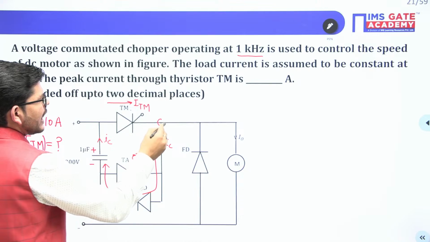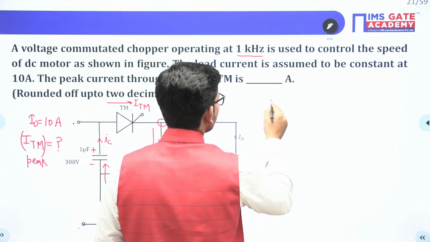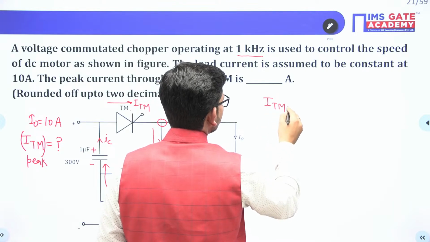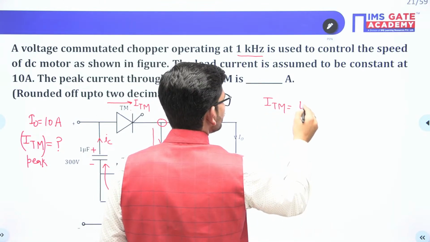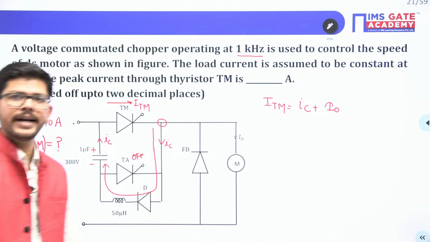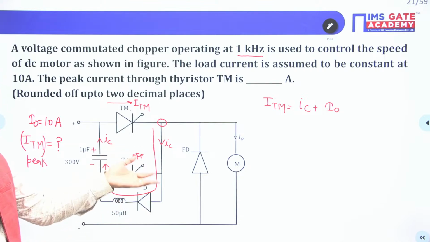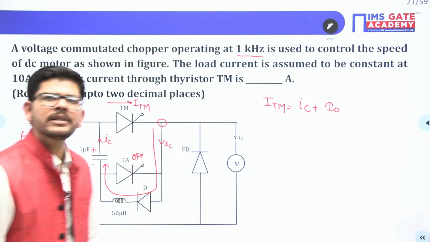So when we apply KCL here, what do we get? ITM equals IC plus I naught. Yes or no, guys? See, simple logic. The ITM current by applying KCL will be IC plus I naught.